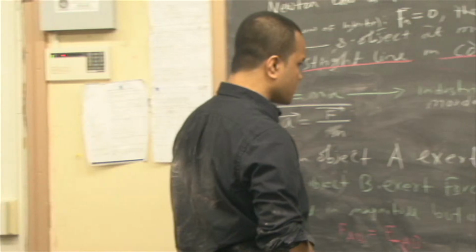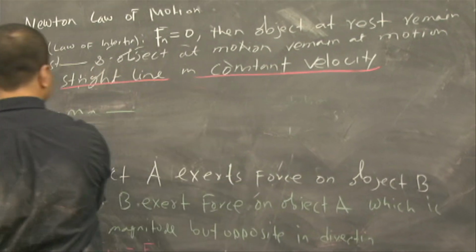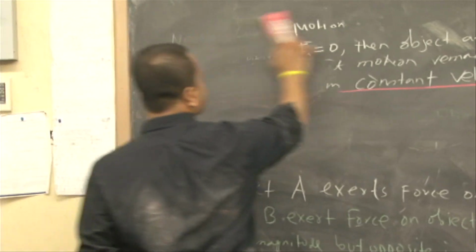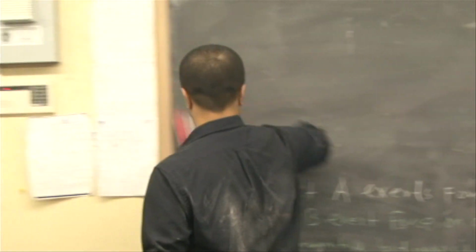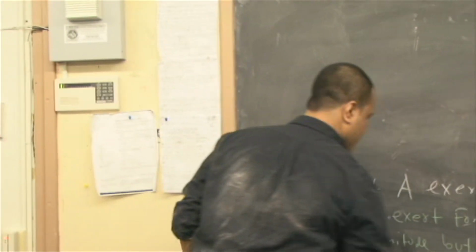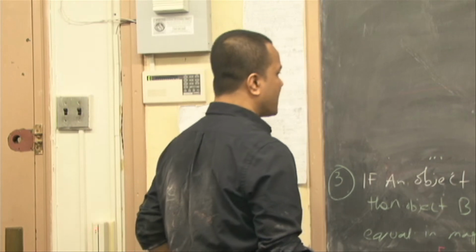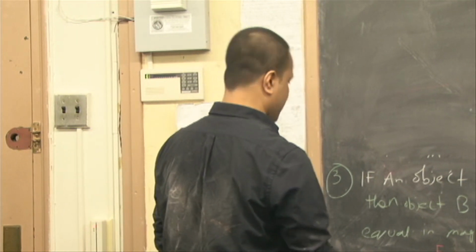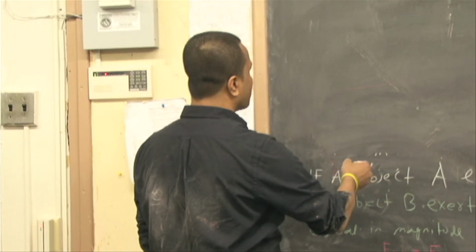So what is a conceptual example we can use to understand Newton's third law? Well, scientists used nothing but Newton's third law to land a man on the moon in 1969. They used only Newton's third law to land Neil Armstrong on the moon.